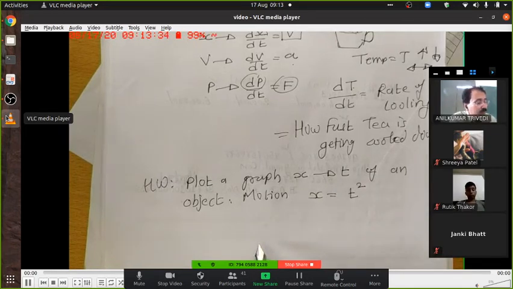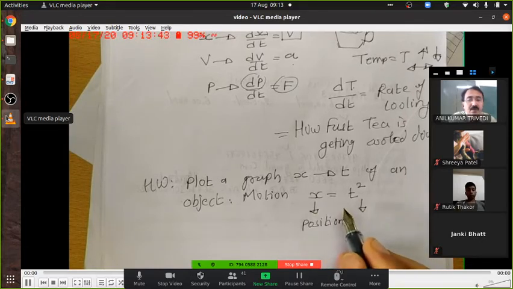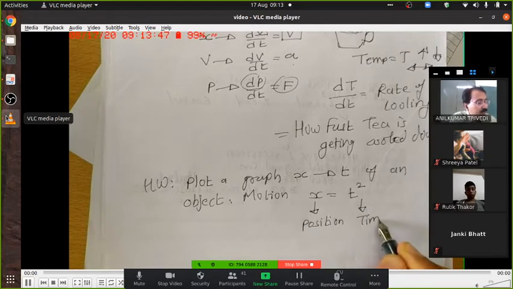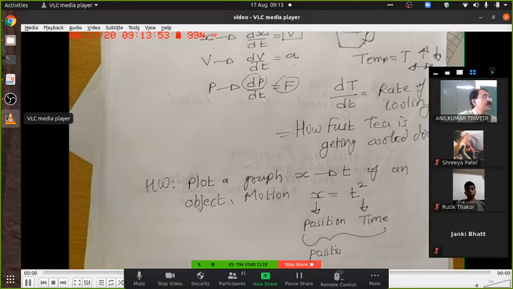So this is position and t stands for time. This means that position, just hold on.